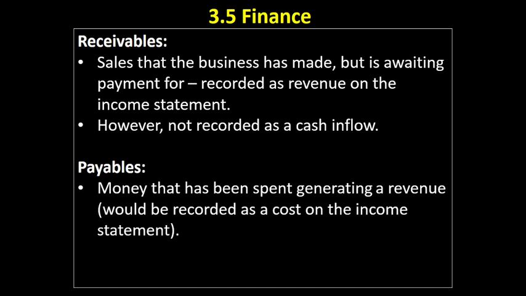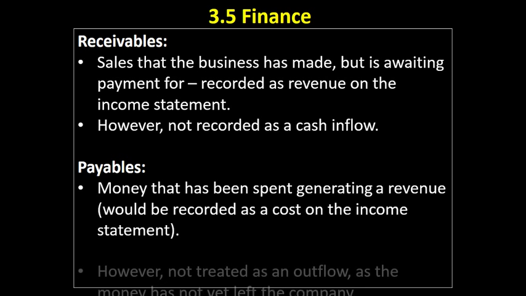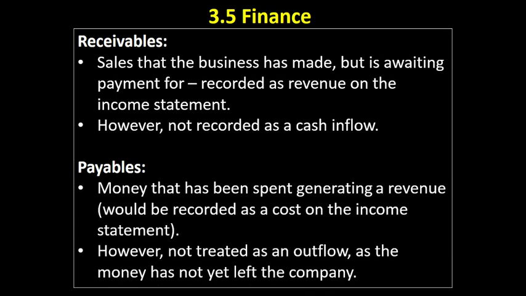Let's just say they bought £20 of flour, they sold the bread for £100, so they could record £100 of revenue, they would record £20 worth of flour, and they would say, okay, we've made an £80 profit. However, the cash has not left the business, so it's not treated as an outflow on the cash flow forecast.